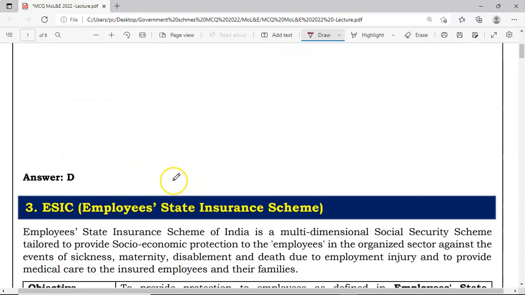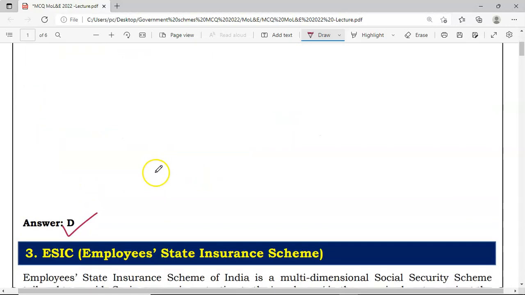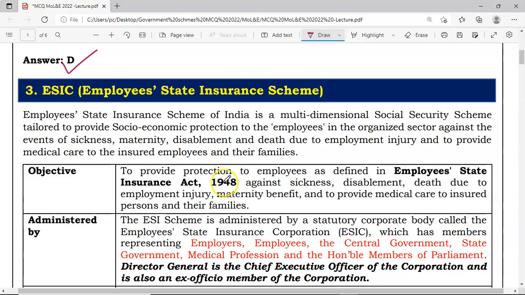So friends, first of all, the answer will be D. Let's see some important points about this Employee State Insurance Scheme.